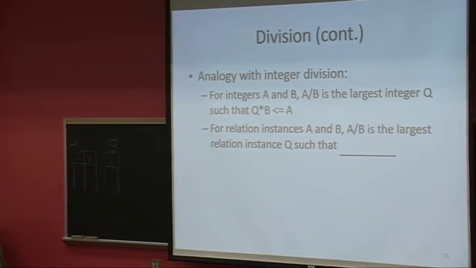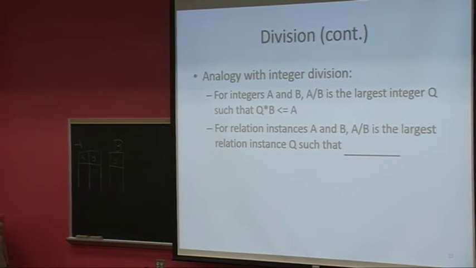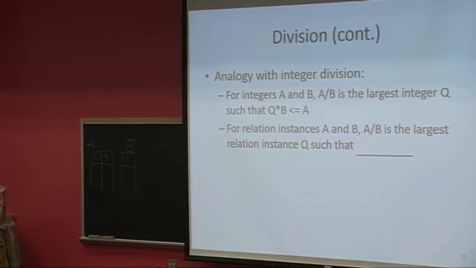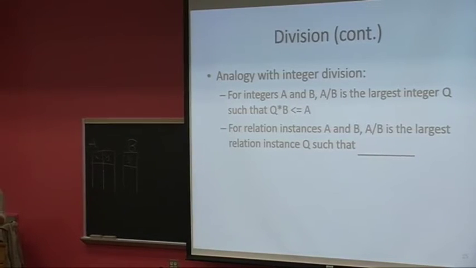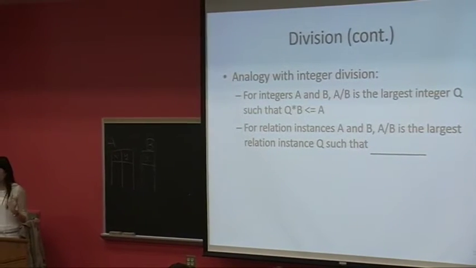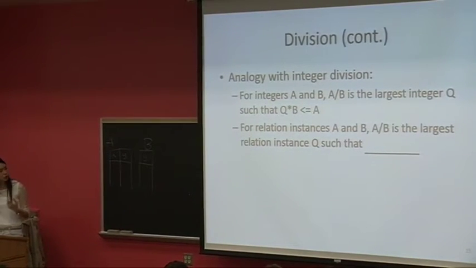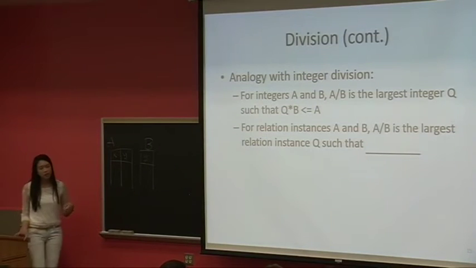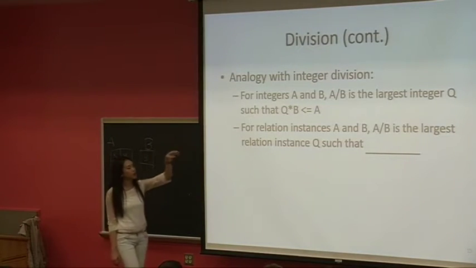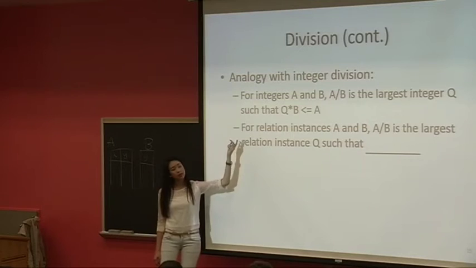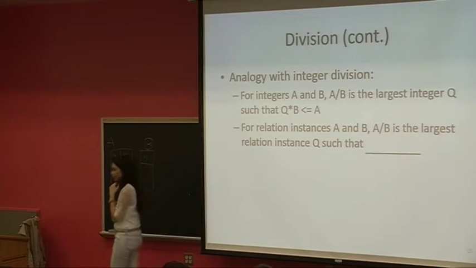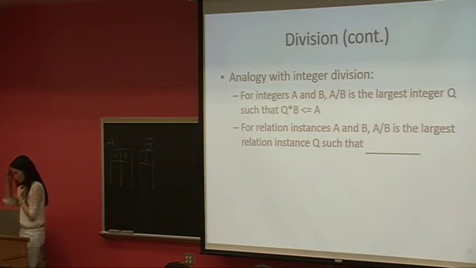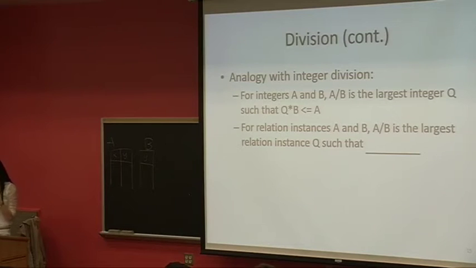If the result is Q, we want Q to be the largest integer such that Q times B is still smaller than or equal to A. This is what we normally do for integer division.